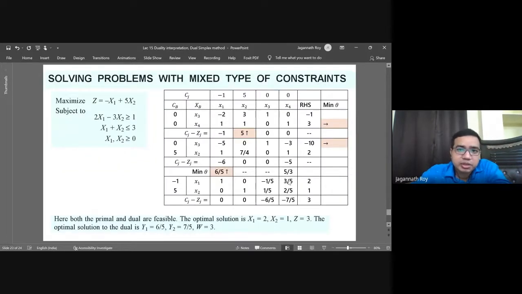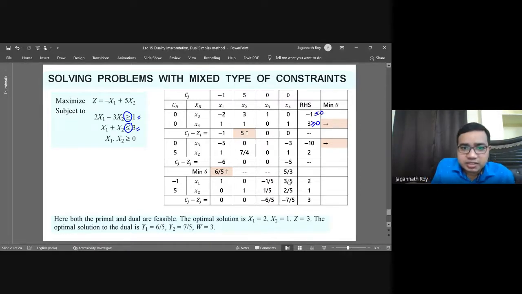I'll take another 5 minutes to quickly tell about two important observations. First thing is, if a mixed type of inequality is there, one is greater than type, one is less than type. For this type of problem, we can see here that the right hand side is greater than 0, but this is less than 0.